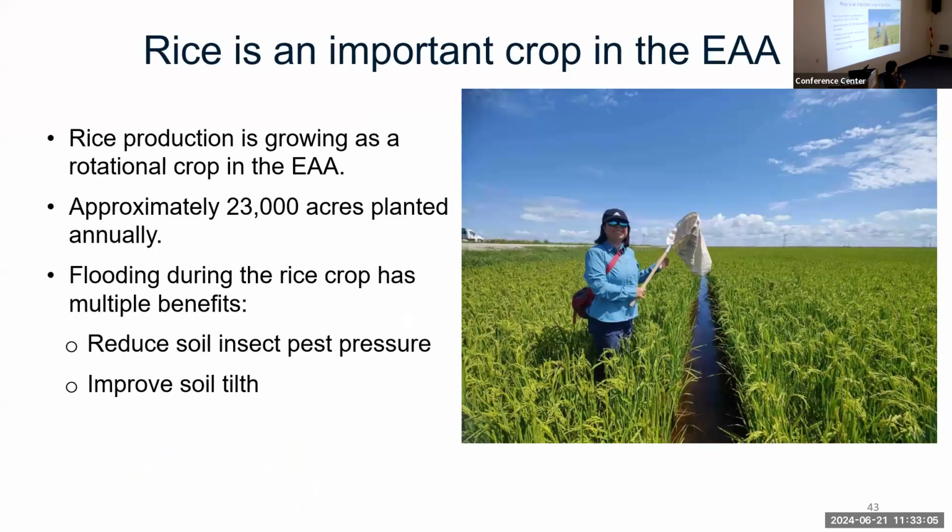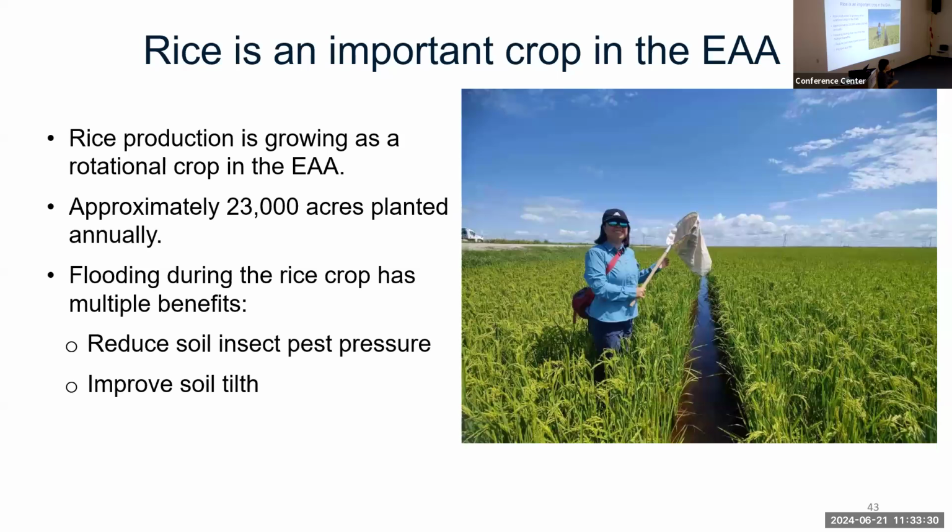So for this system, rice is an important crop in the Everglades Agricultural Area. The rice is used as a rotational crop for the field. And annually, we have approximately 23,000 acres planted in this area. And flooding during the rice growing season is very helpful for reducing soil insect pest pressure, and also it's good for the soil tilth.